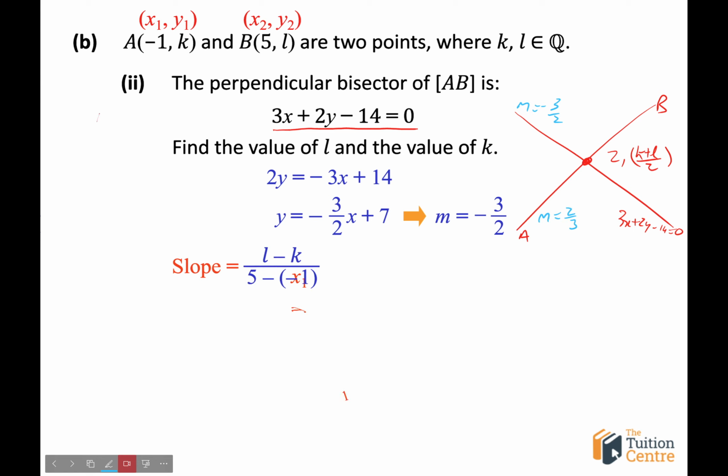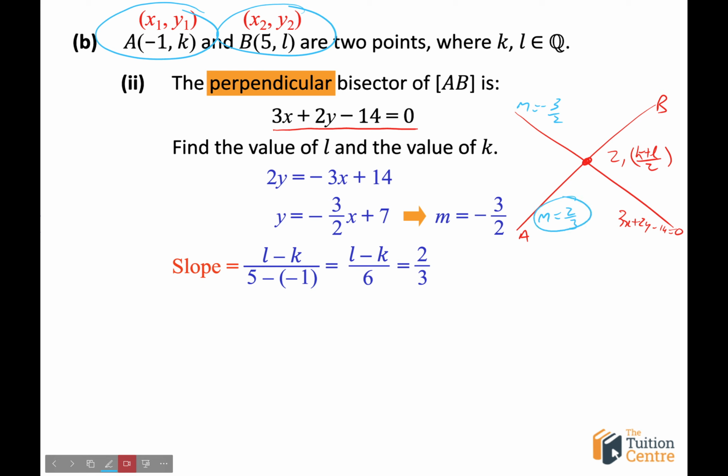We know that the slope of AB can be found using our two points up here. So y2 minus y1 will be l minus k, and x2 minus x1 will be 5 minus -1, which is 6. So (l minus k) over 6 must be equal to the perpendicular slope, 2/3. L minus k is equal to 4, multiplying across by the 6. So that's one bit of information used.